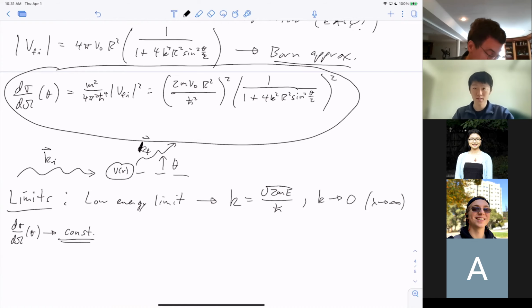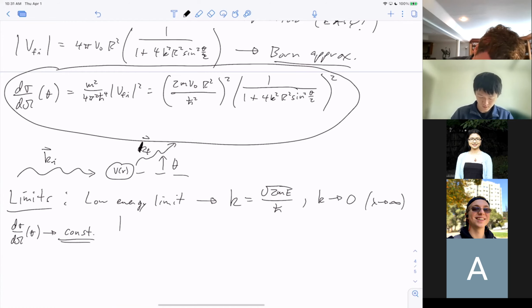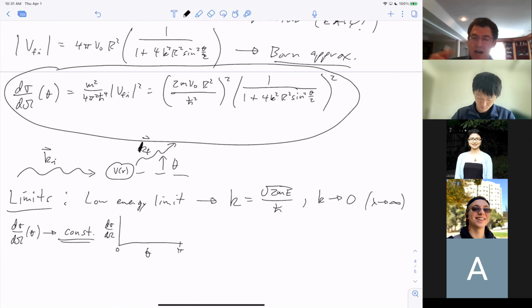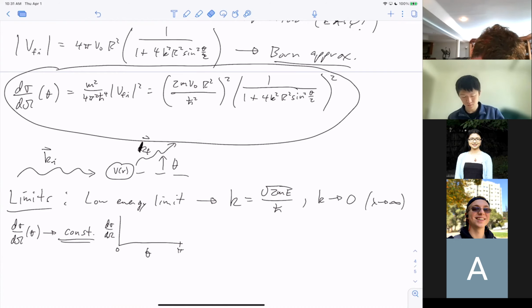It's not obvious, because this is saying that d sigma d omega as a function of theta, and remember theta only goes from 0 to pi because pi is backscattering, so you can't scatter more than pi, is constant.